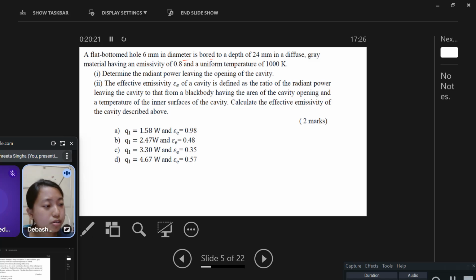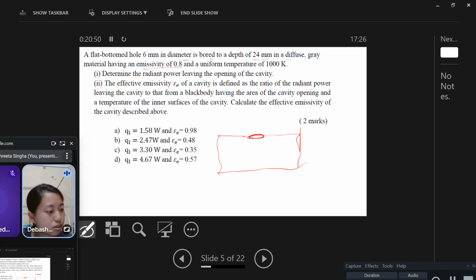A flat bottom hole 6 millimeter in diameter is bored to a depth of 24 millimeter in a diffuse gray material having an emissivity of 0.8 and a uniform temperature of 1000 Kelvin. So this is the material. Now 6 millimeter diameter is bored.